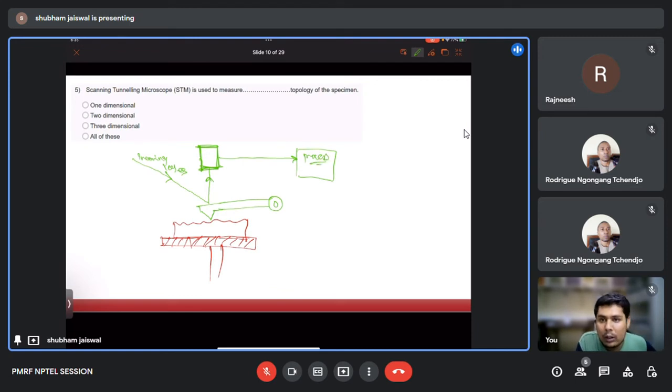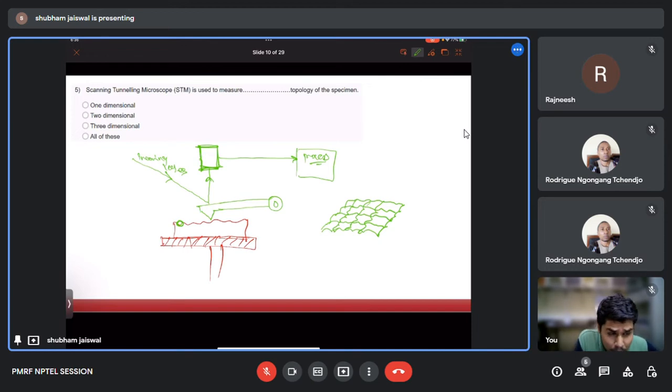So if we are measuring the topology of the specimen, we can get a three-dimensional topology of the specimen. Okay, so we can get its length, width, and similarly some depth also. So we are getting the three-dimensional topology.